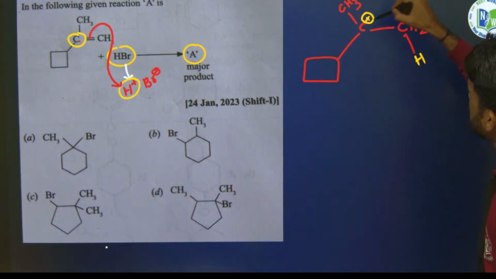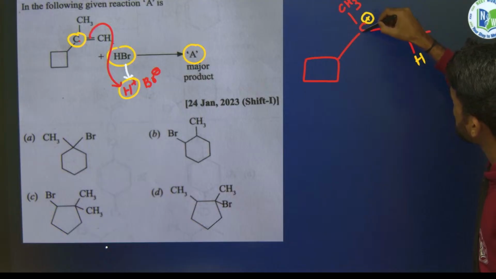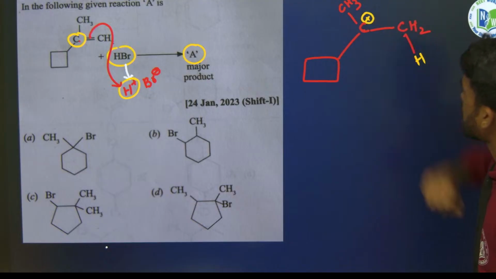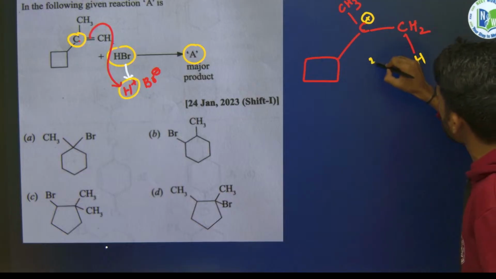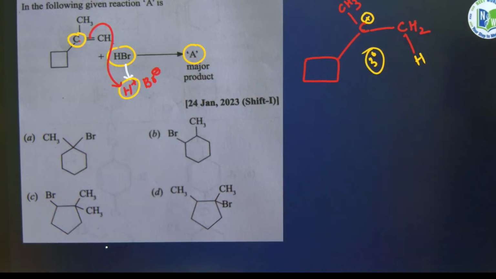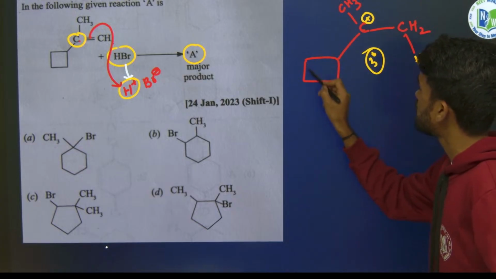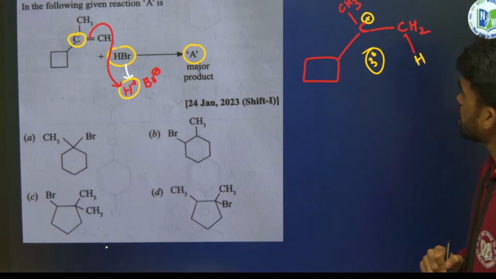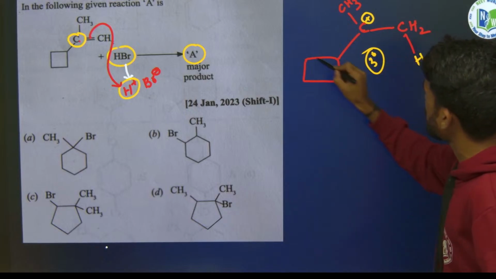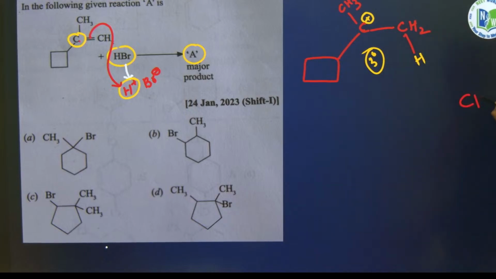Now what is the degree of this carbon? One carbon, second carbon, third carbon are surrounded by this carbocation, so I can say this is a tertiary carbocation. Now how many carbons are involved in the ring? Four carbons, all sp3 hybridized. Like in methane, the hybridization of carbon is sp3, so what is the bond angle?